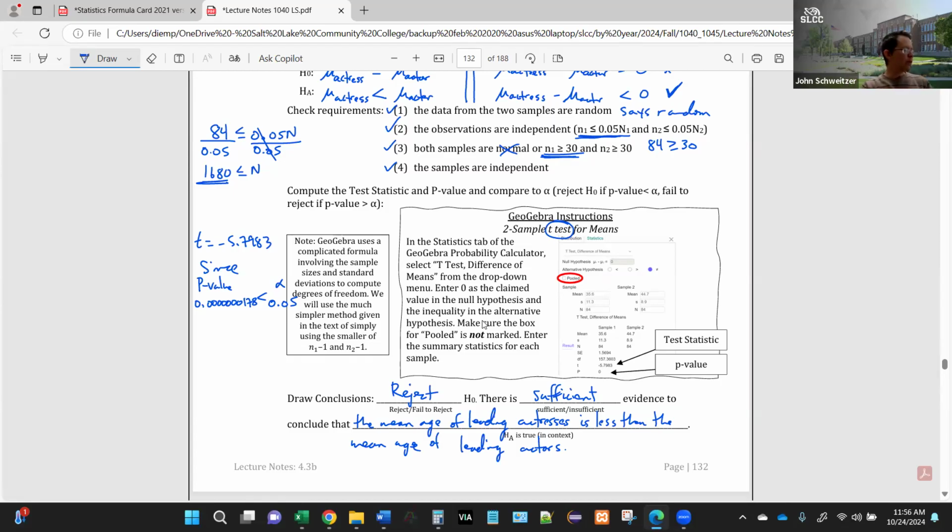We'll see that we can also do a confidence interval for the difference between two means. That's the next step. Typically that's how we operate. We'll do a hypothesis test to see if there's a difference, and then if we are convinced that there's a difference, we will go forward with a confidence interval. So let's do that.